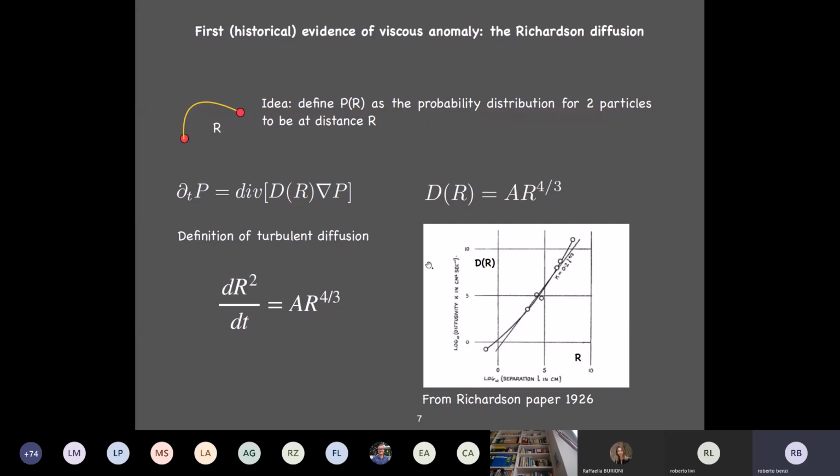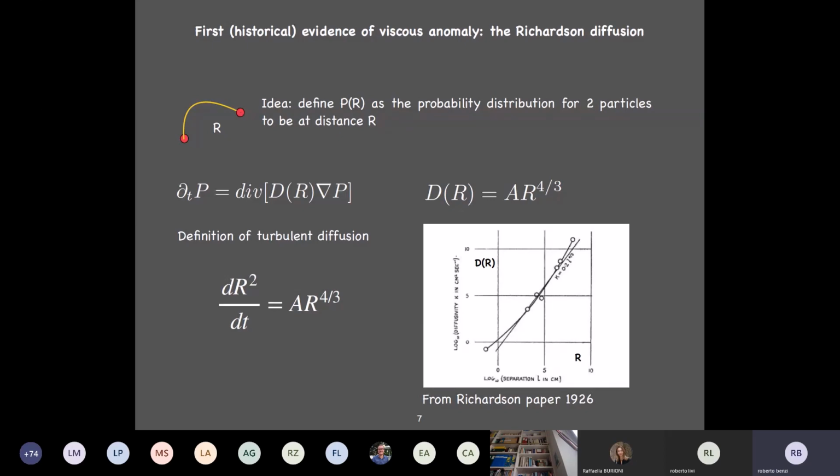So what Richardson did was to consider the probability, I mean, what he was investigating was the diffusion of something in atmospheric turbulence. Instead of looking at the concentration of a scalar, which was what people did at the beginning of the last century, he looked at the probability P(r) of two particles to be at a distance r after some time.